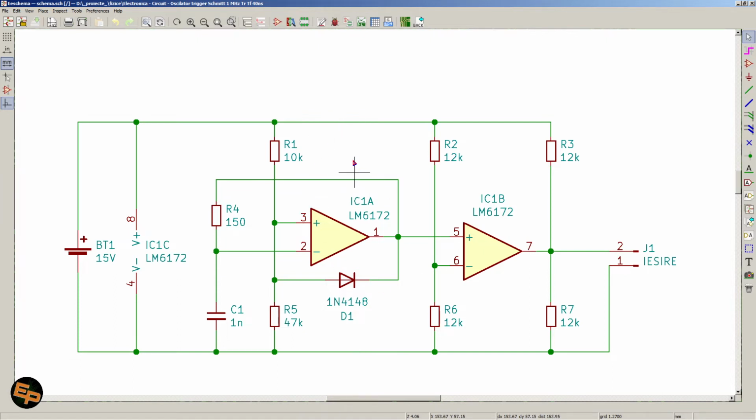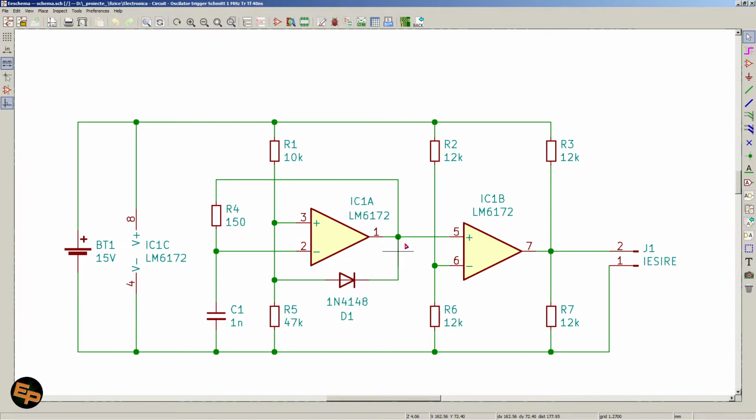So 1.5 volts less than the positive rail is the maximum voltage that it can have on its output, and 1.5 volts is the smallest voltage that it can have on its output.